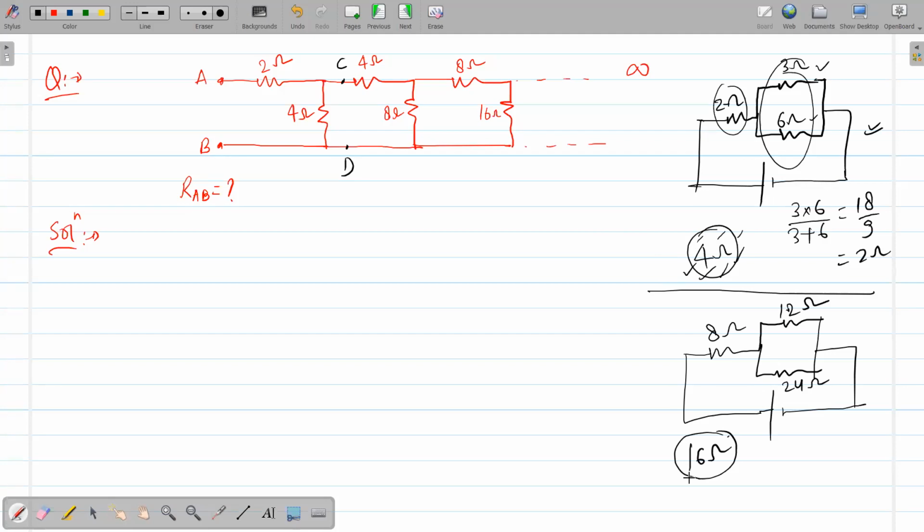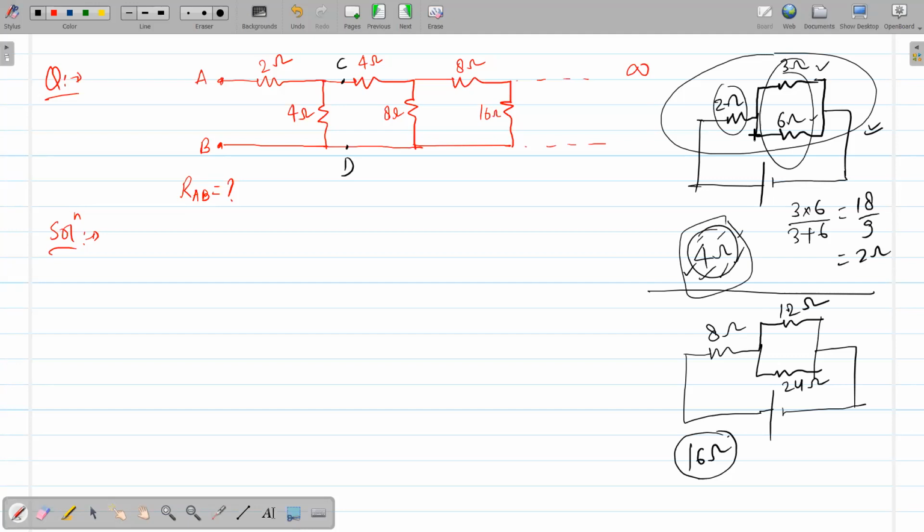So the point which I actually wanted to tell you is, if in any circuit diagram you multiply each resistance by a common factor, then the equivalent resistance also gets multiplied by the same factor.